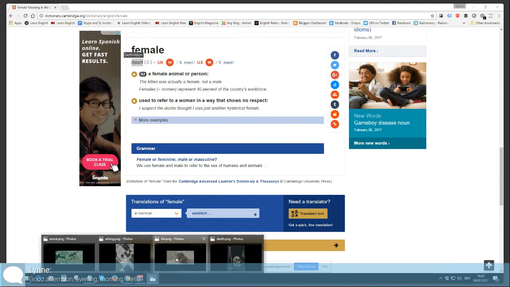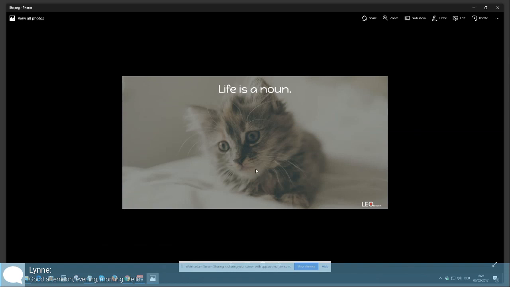So our little kitten is a female kitten, not a male kitten. Female, male, nouns, but not always. A kitten is a kitten. A female, a male, there are other kinds of words for those words, but they are also nouns. Okay, so let's recap.